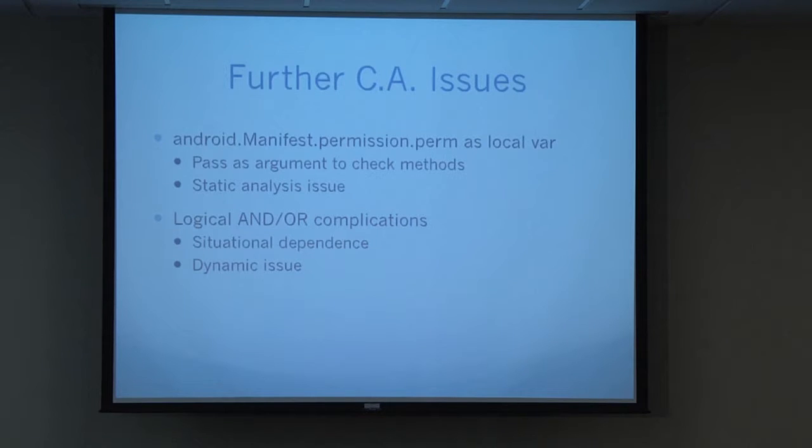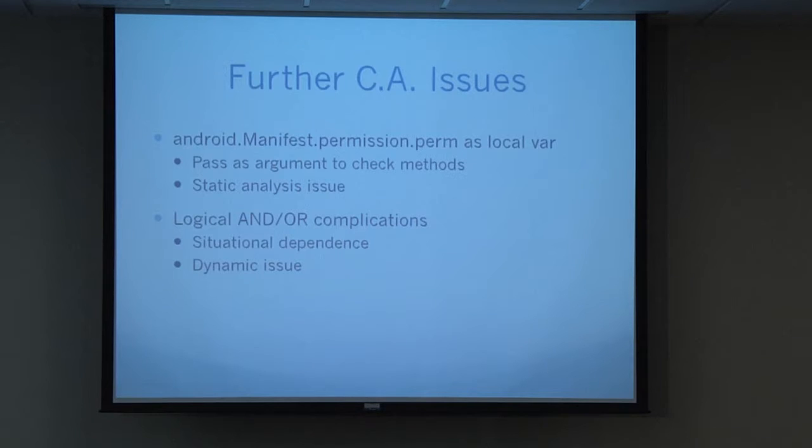Since these are just strings that we're dealing with, one, in the API code, could conceivably define a local string that's just Android manifest permission Bluetooth, and pass that as an argument to the check permission function. So your analysis code actually has to be aware of local variables and keeping track of those, not just actual method calls and analyzing the arguments to that.